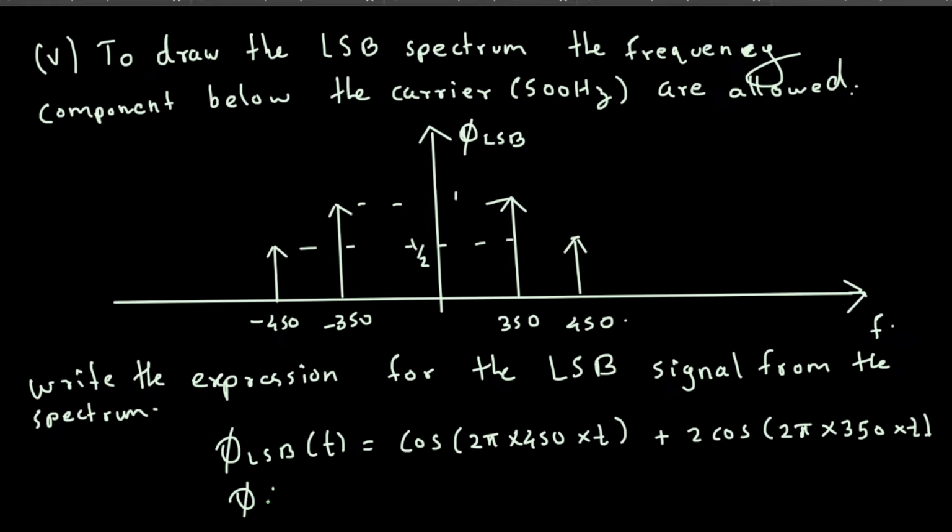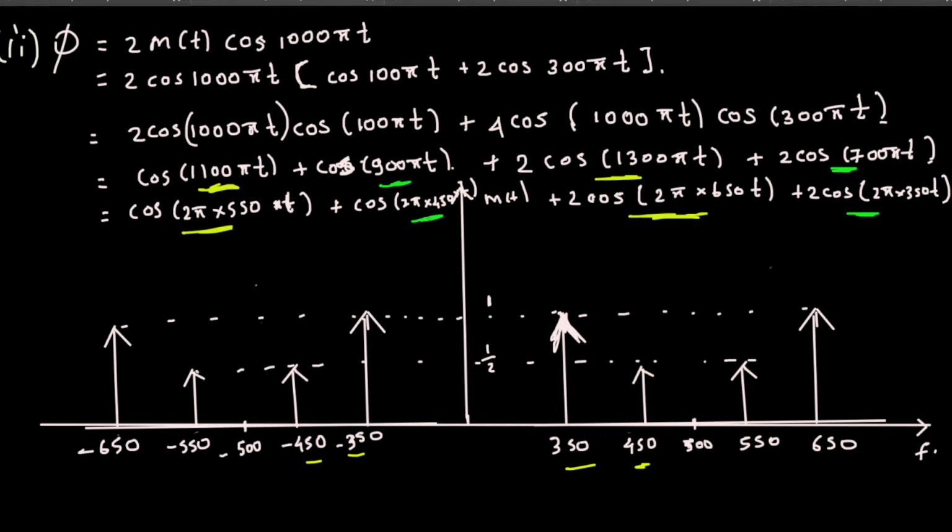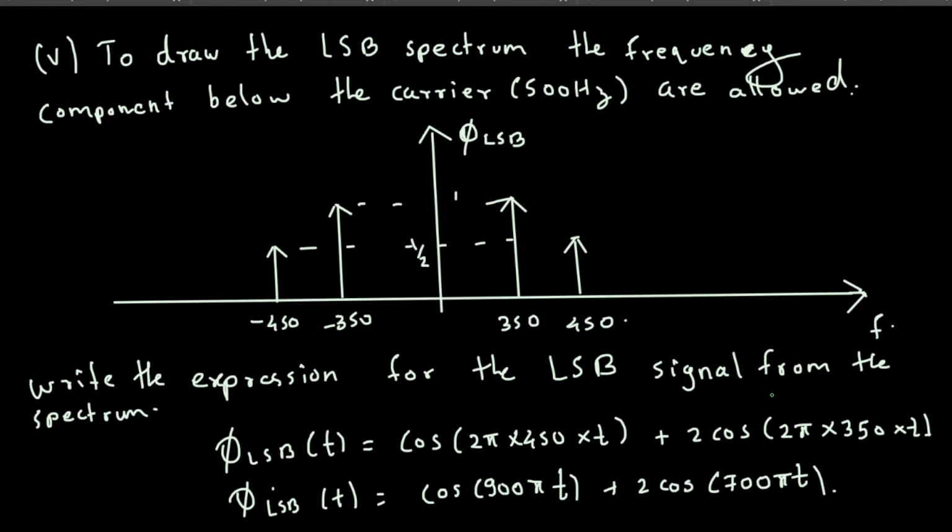Now ϕLSB of t is equal to cos 900πt plus 2 cos 700πt, and you can see that here as well.